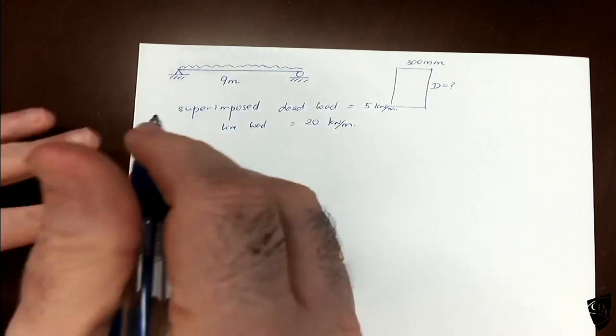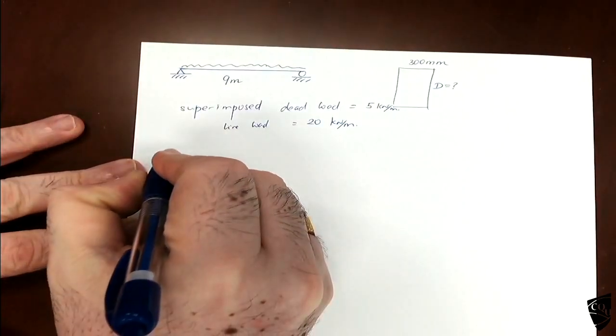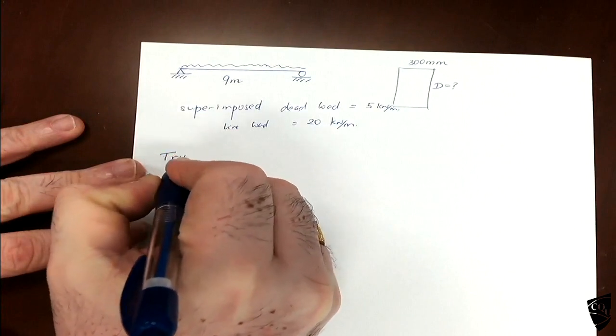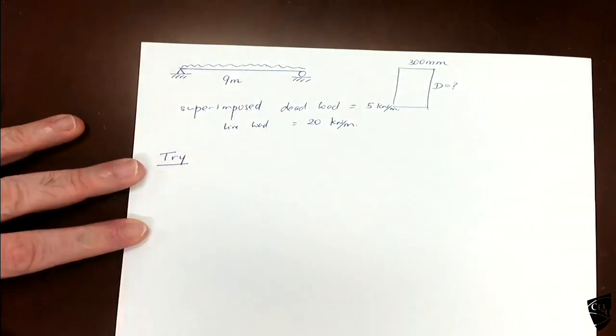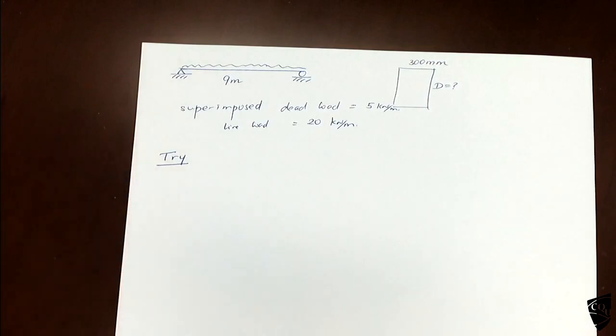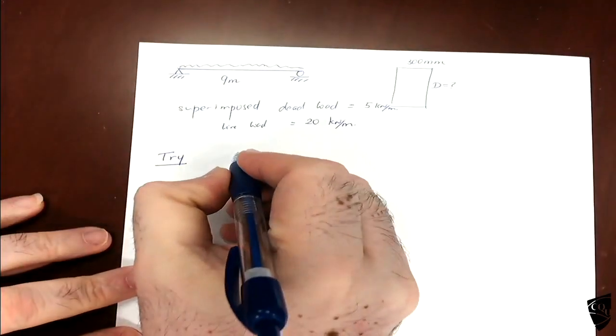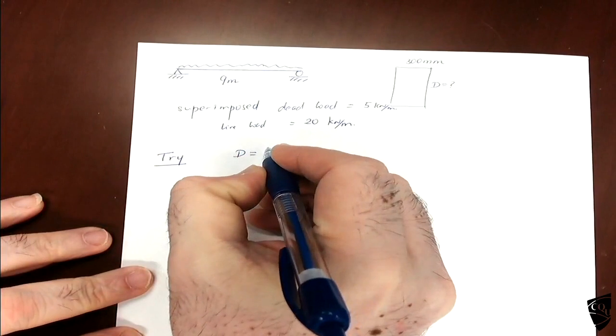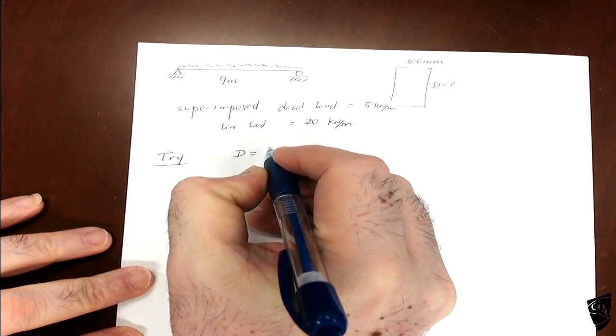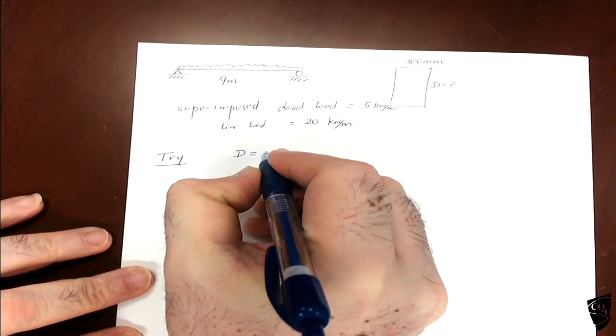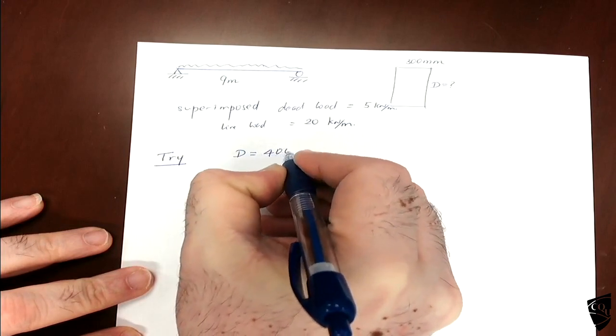So I will assume D is equal to 400 millimeter.